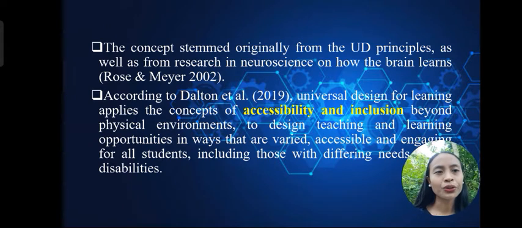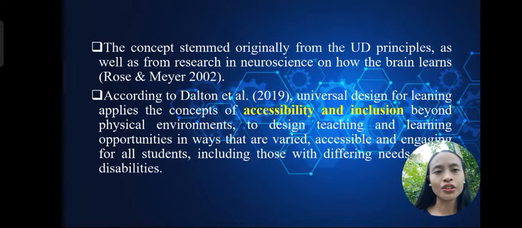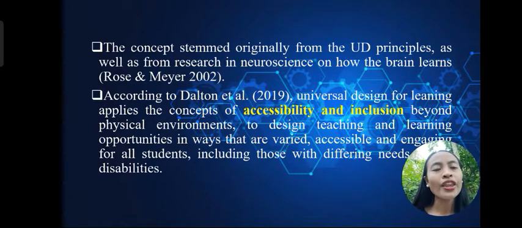The concept stemmed originally from the UD principles, or the Universal Design Principles, as well as from research in neuroscience on how the brain learns. That is according to Rose and Meyer, 2002. These are the anchorage of the Universal Design for Learning. First are the principles of universal design, and the second are the researches that focus on how the brain learns.